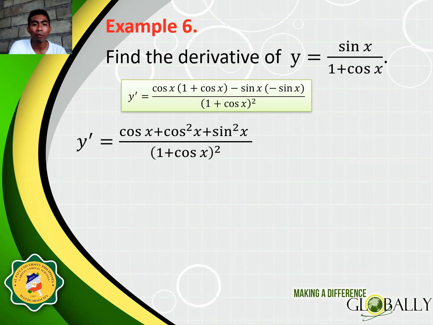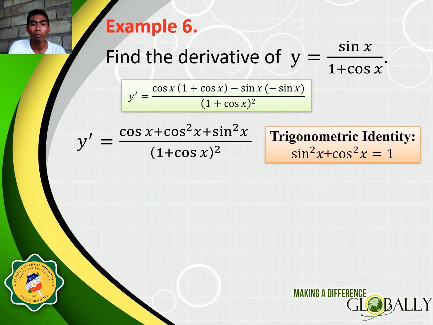We can simplify the numerator of this expression, cosine x plus cosine square x plus sine square x, using the trigonometric identity sine square x plus cosine square x equals 1.